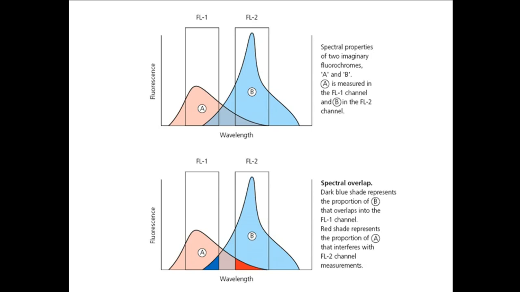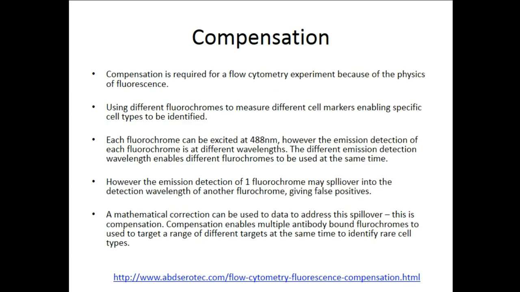And that based on this spectral overflow, you can create or develop a mathematical equation to adjust for the spectral overflow, which will avoid you picking up false positives. Okay, so that's a 5-mark question.